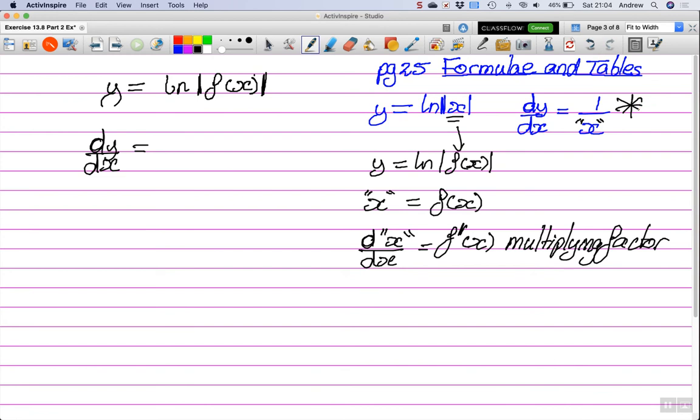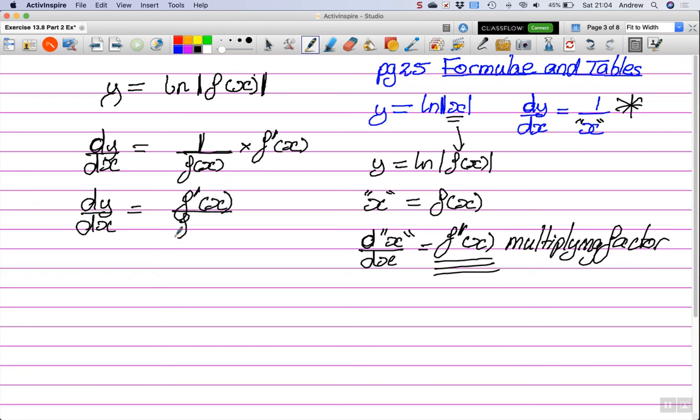Now we already know that the x inverted commas is f of x. So what are we doing? We're putting the f of x on the bottom. So what was inside ends up on the bottom, and there's a 1 on top. And then we're multiplying by the multiplying factor, which is f dashed x. So then we do a tidy up line, and 1 times f dashed x is f dashed x over f of x.